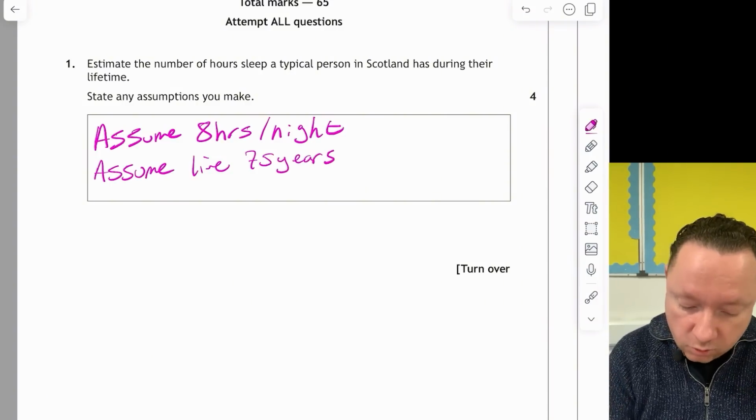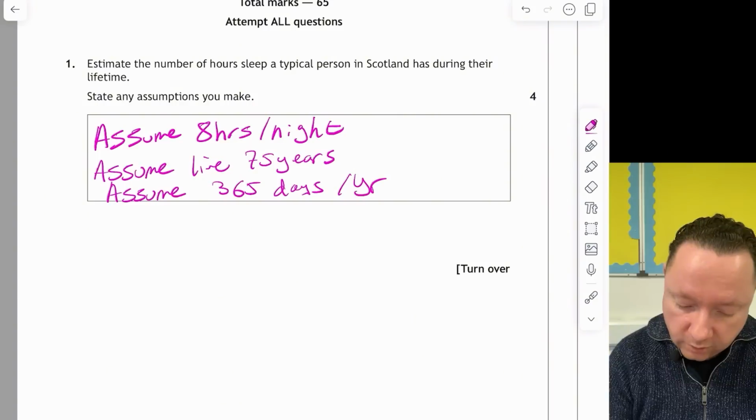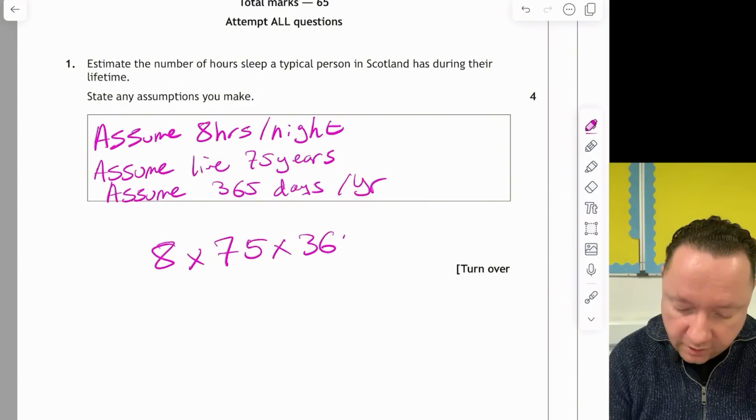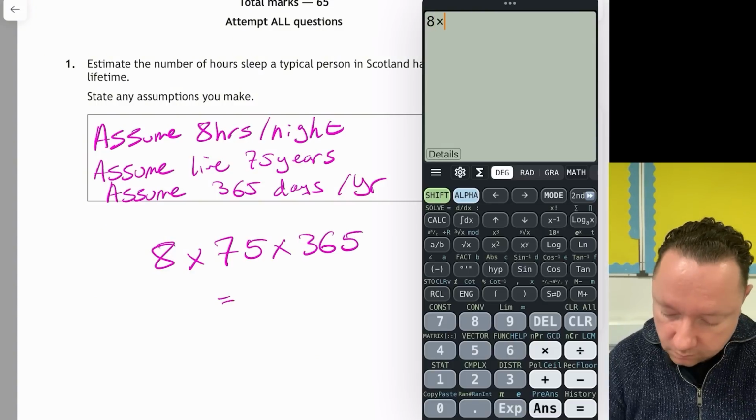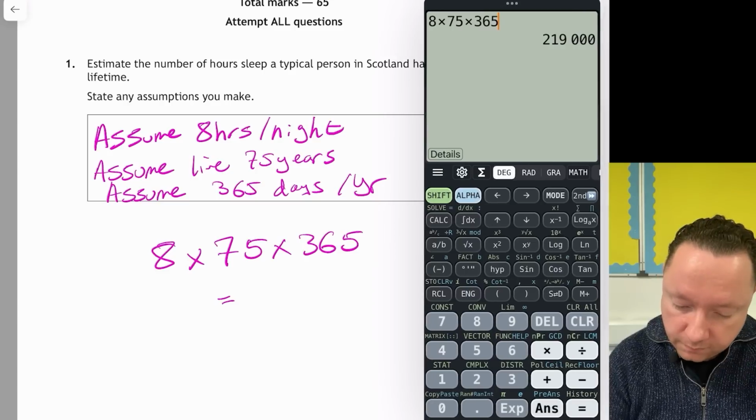And we're going to also assume 365 days a year, just to avoid the leap years. So then we just do 8 times 75 times 365, 219,000.